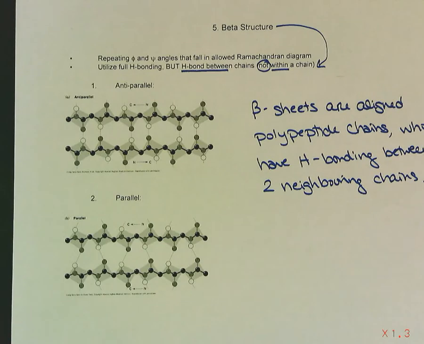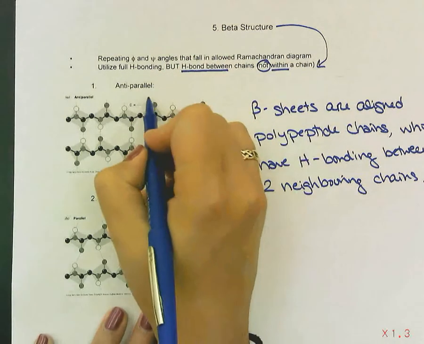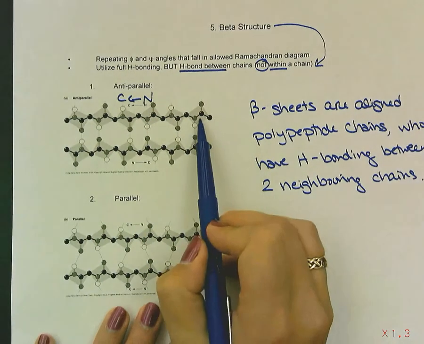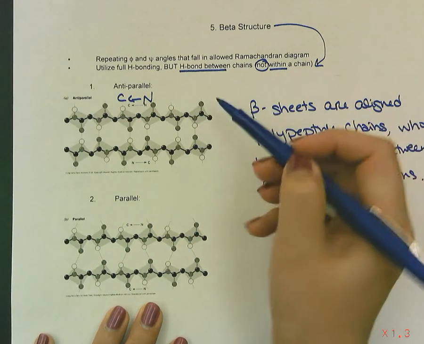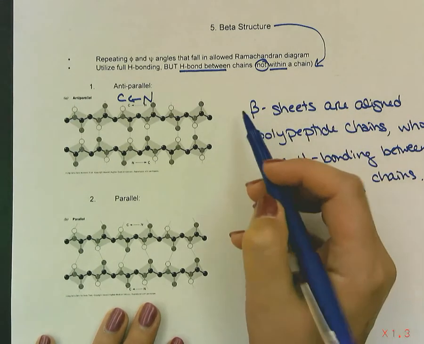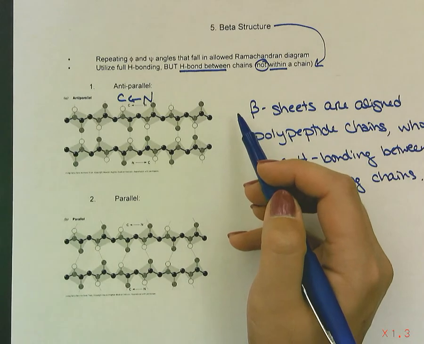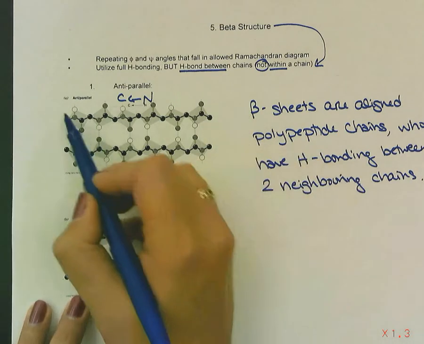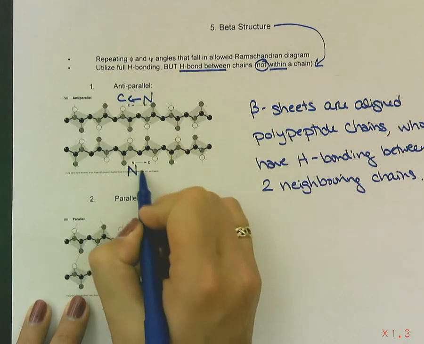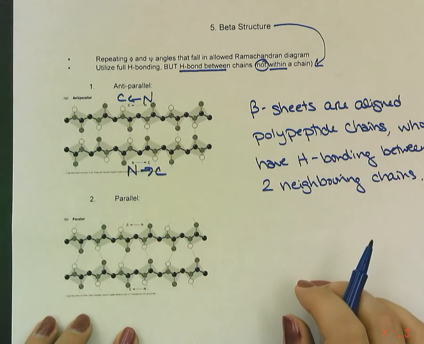In anti-parallel, one chain is going this way, where my amine end is now on the right, and my carboxyl group is on the left. C terminus is over here, my N terminus is over here. And this one has N terminus going to C terminus.